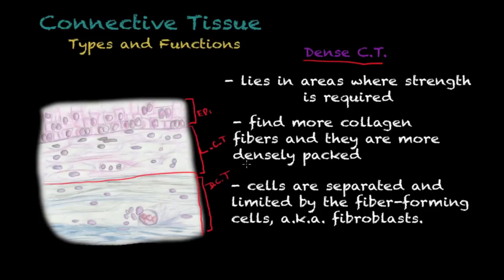Briefly, what you need to know for now is that it lies in areas where strength is required, and for this reason you will find here more collagen fibers and they are more densely packed. Another thing that you need to know about dense connective tissue is that the fibers are separated and limited by the fiber-forming cells, also known as fibroblasts, and these are the cells that form the fibers.